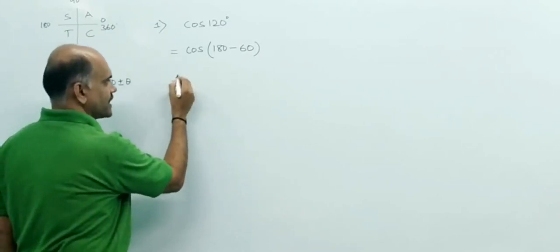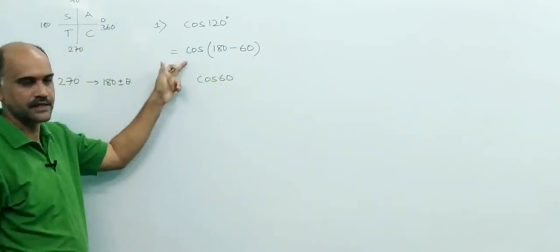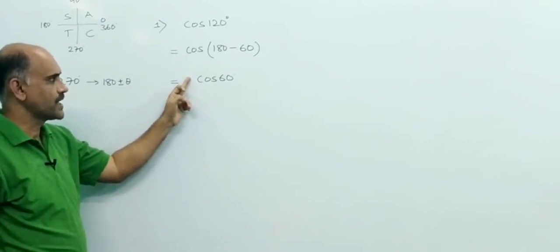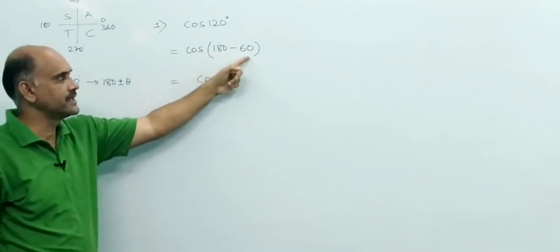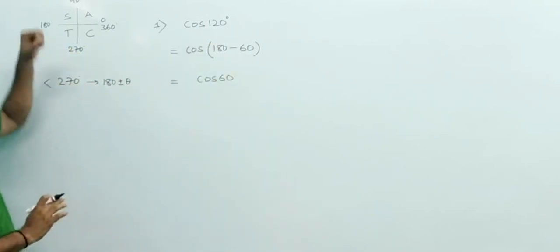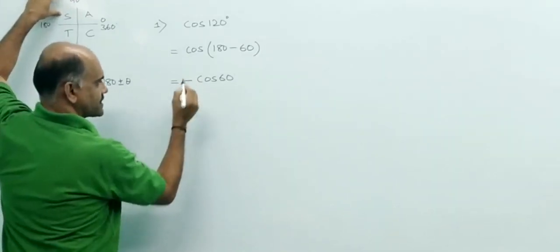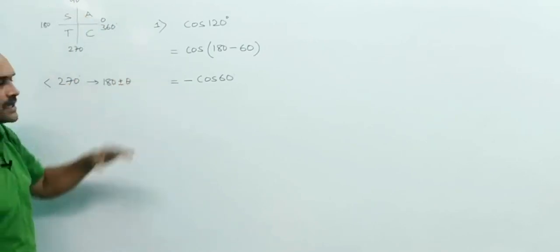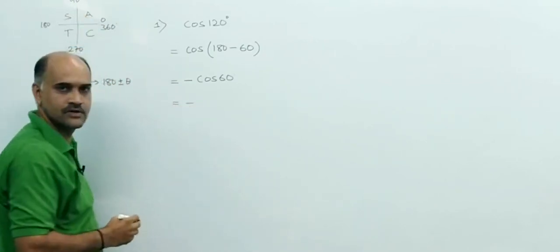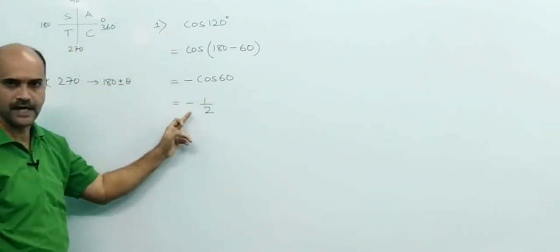So if I leave 180, I will be having cos 60. Now whether this is plus or minus depends upon the quadrant in which this angle lies. 180 minus means the second quadrant. In the second quadrant, cos is negative, sin and cosec are positive, so you will have a minus sign. Now substitute the value: minus cos 60, which is 1 by 2. So cos 120 is minus 1 by 2.